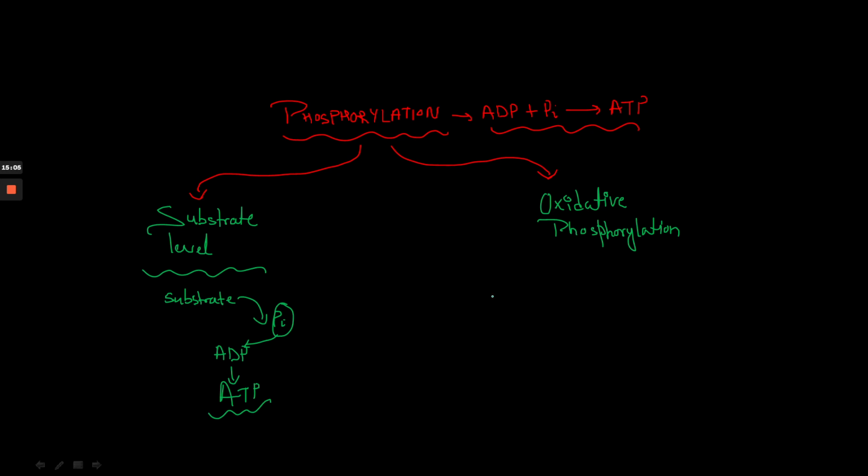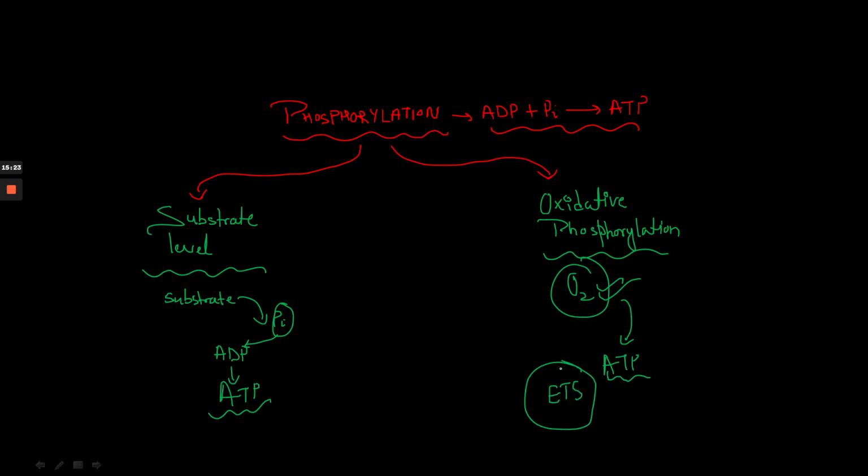But in the case of oxidative phosphorylation, what is happening? Ultimately, the oxygen will be utilized. There is oxidation reaction happening. Oxygen will be utilized and ATP will be formed through electron transport system. So this is known as oxidative phosphorylation.